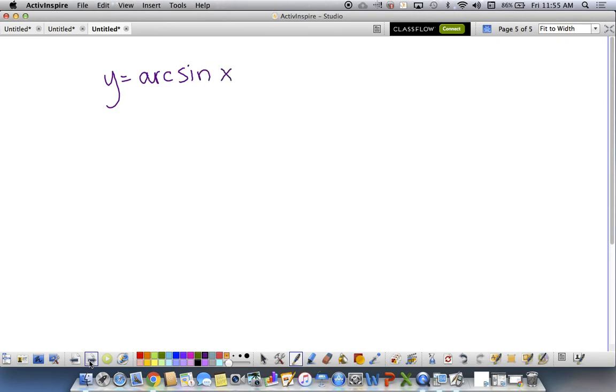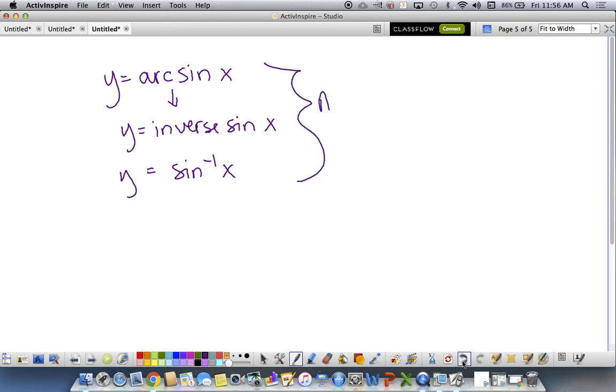They're going to write it a little different. This means y equals the inverse sine x. We have been writing it like sine -1. They are all the same thing.